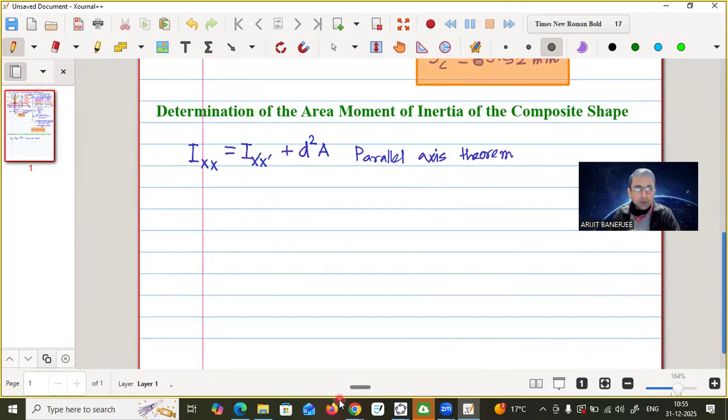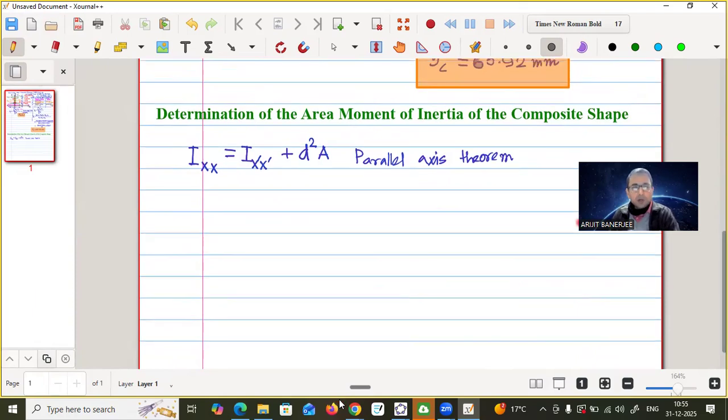So, the total moment of inertia will be the sum of the moments of inertia of the individual shapes. Because you see how to calculate the total moment of inertia.